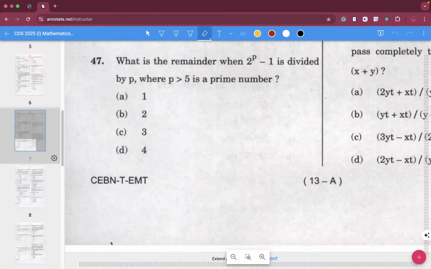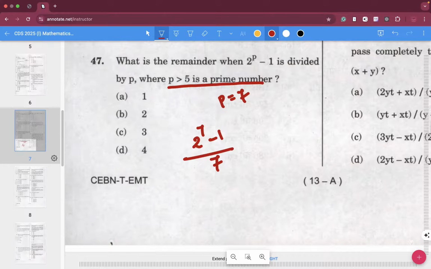And p over here is greater than 5 and p is a prime number. Can I say p is equal to 7 in that case? So basically 2 raised to the power 7 minus 1 has to be divided by 7, and they are asking what the remainder is.